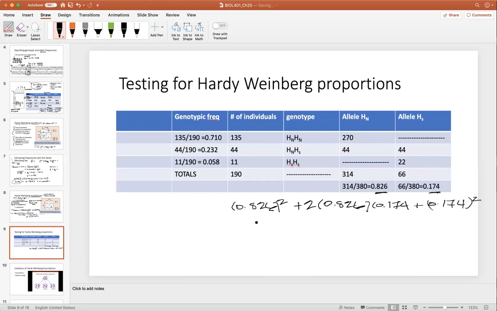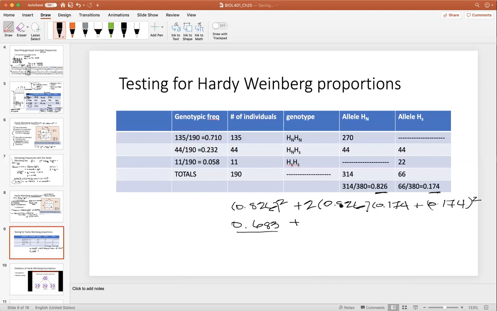Now let's work out these numbers. Okay, so p squared should be 0.683. Okay, well, you know what? This p squared is a frequency. This is the p squared we observed. This is the p squared we expected. A little different, isn't it? All right, let's go ahead and calculate this one.